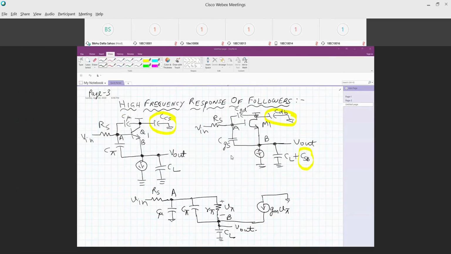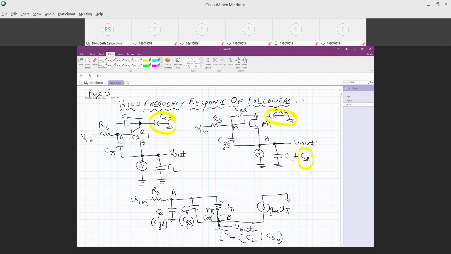Okay, for a MOSFET case, C mu will be CGD, and C pi will be CGS here, and this R pi will become infinity over here. Everything else stays the same, and CL will be equal to CL plus CSB in case of MOSFET. Everything else stays the same.